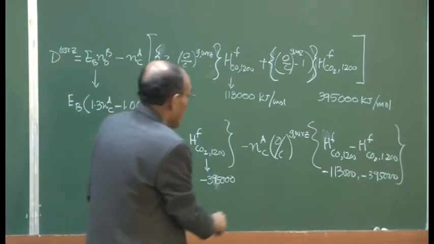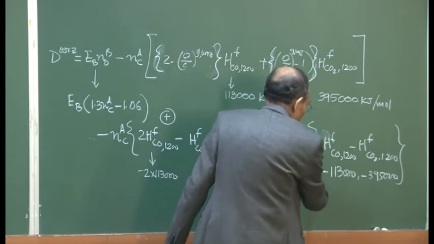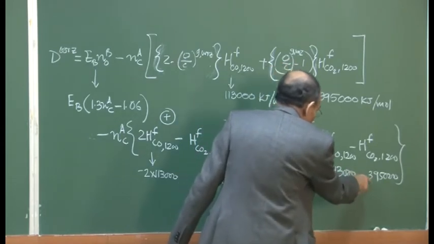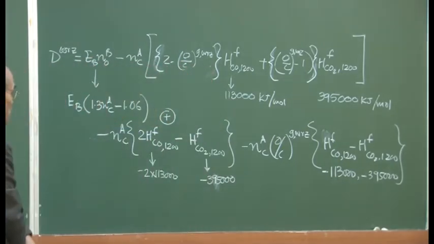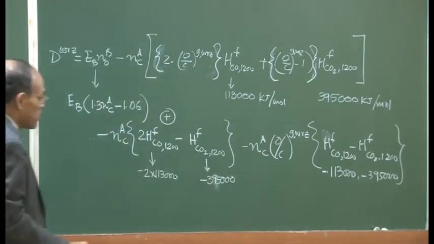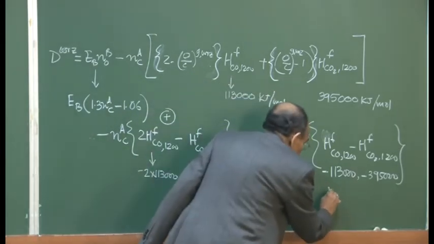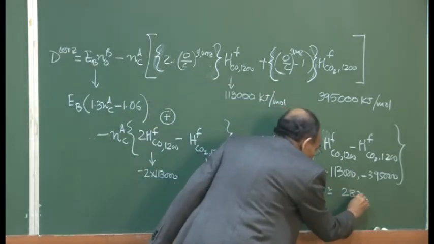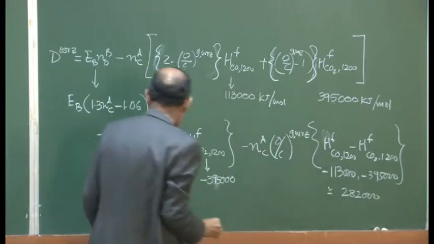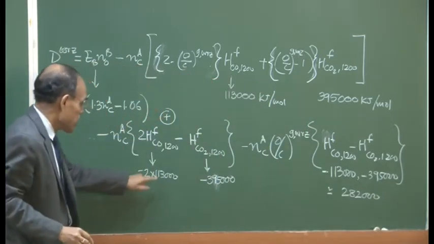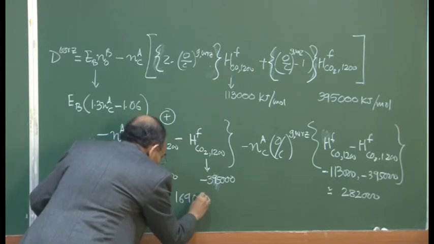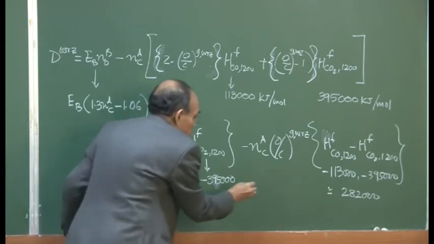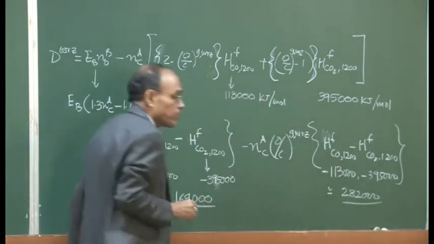Okay? So, 113,000 minus, and then this is plus, minus and minus will become plus. So, we will get 282,000. Okay? And if you do this, the net result here is that we will get a term called 282,000, and if you do this 2 into 113, so we are going to get, say, a term called 169,000. That is the term that we are going to get.